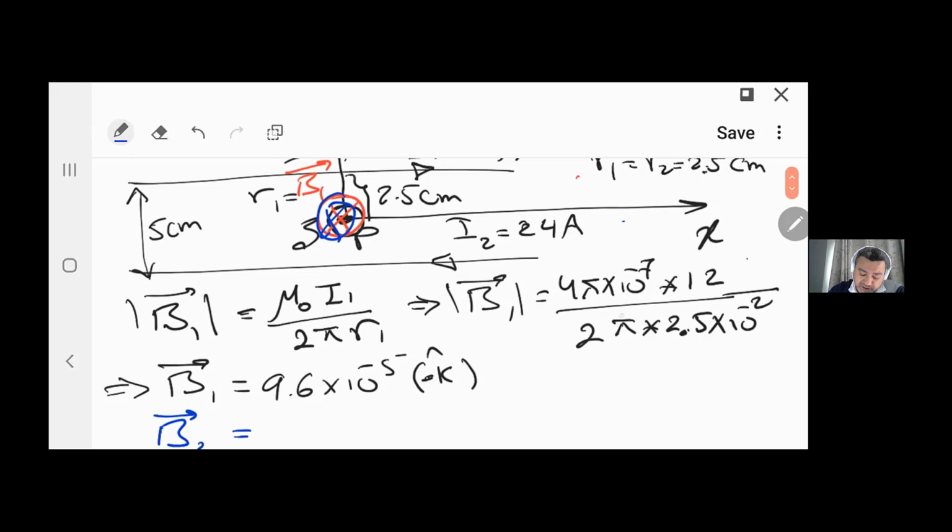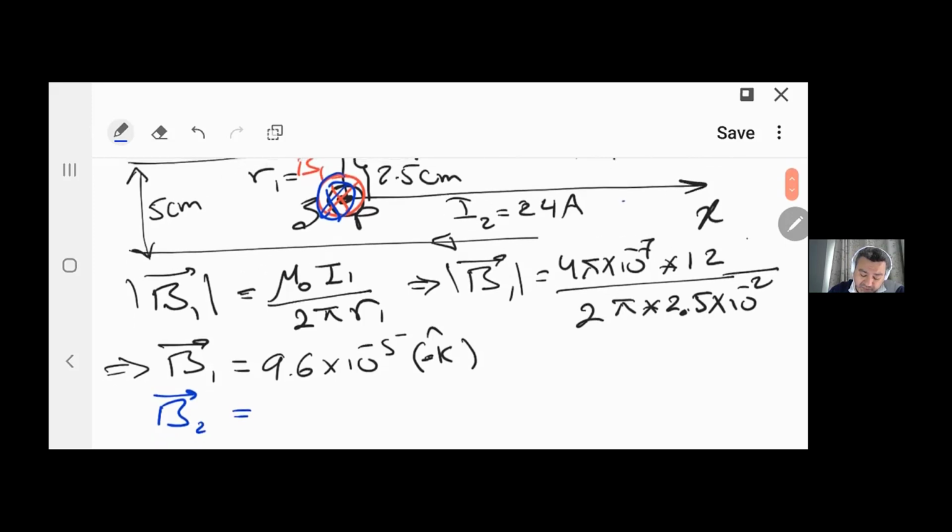B2 is twice B1 because the distance is the same and the current is twice, which means that B2 in magnitude equals 2 times B1 in magnitude.